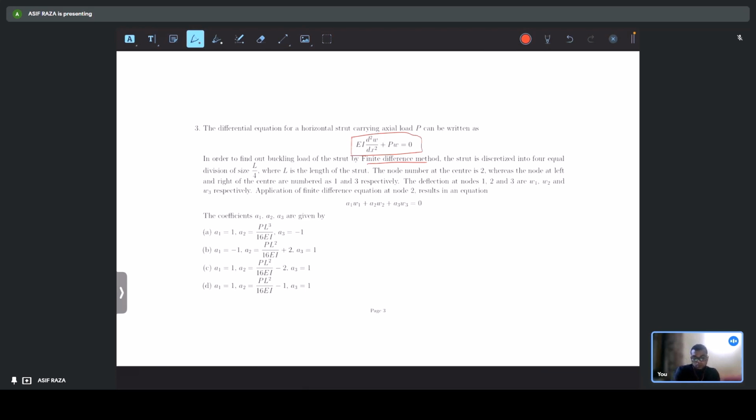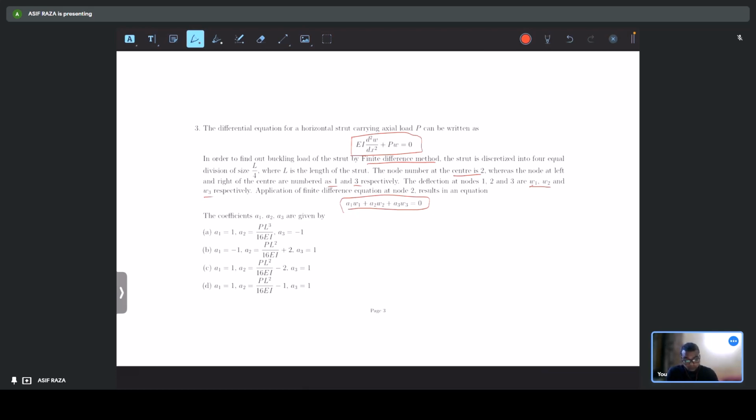The node at the center is 2, whereas the nodes at the left and right of the center are 1 and 3 respectively. The deflections at nodes 1, 2, 3 are W1, W2 and W3 respectively. Application of the finite difference equation at node 2 results in an equation A1 W1 plus A2 W2 plus A3 W3. So we need to find the values of A1, A2 and A3.